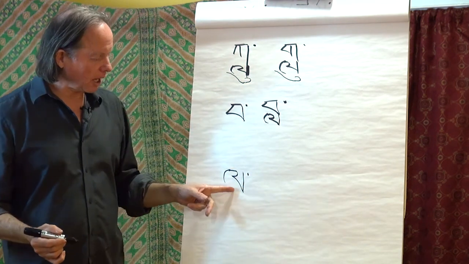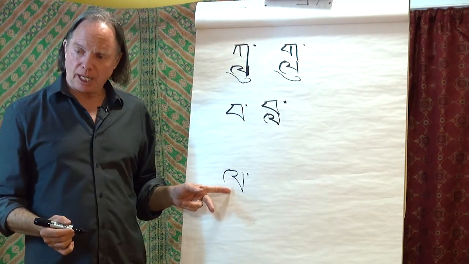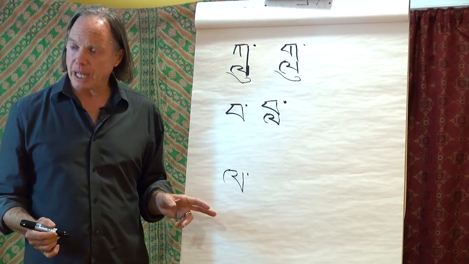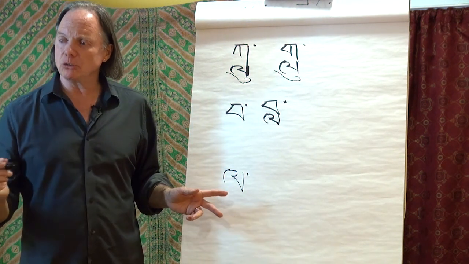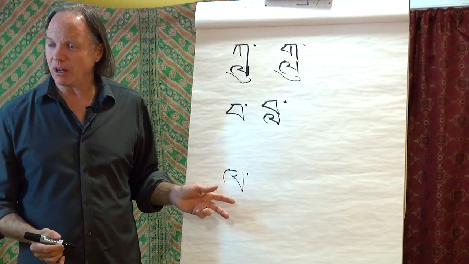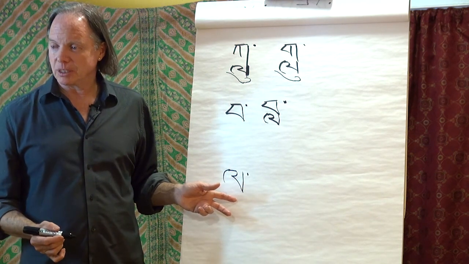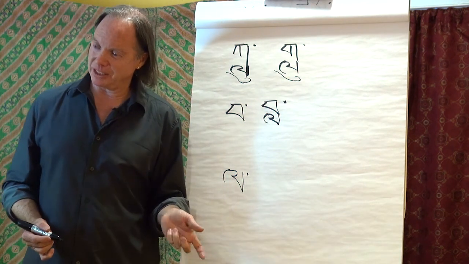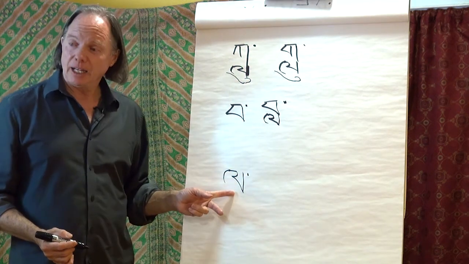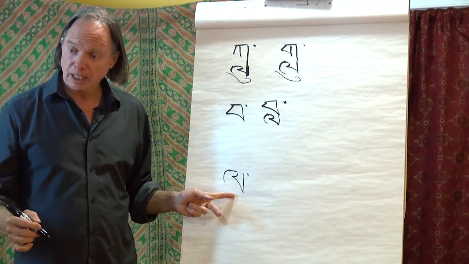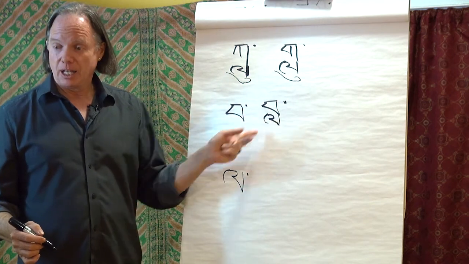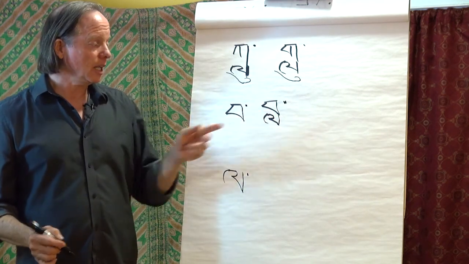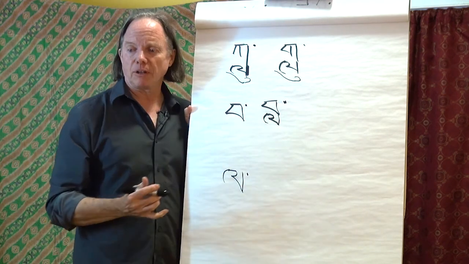Okay. This la, for example, low tone la by itself means a mountain pass. Or it means to, in, at, on, all these prepositions. Except in Tibetan it's a postposition, but that's another problem. This is la. Say low tone la. La. And this happens to be the spelling for lama.